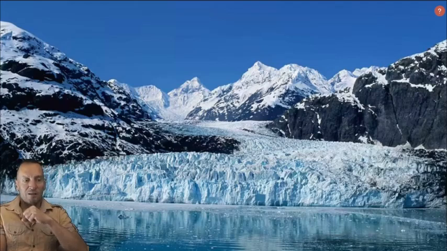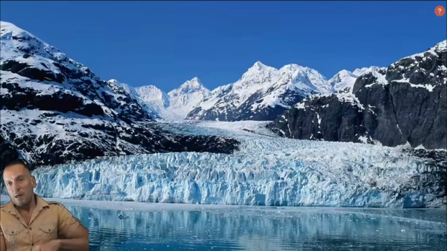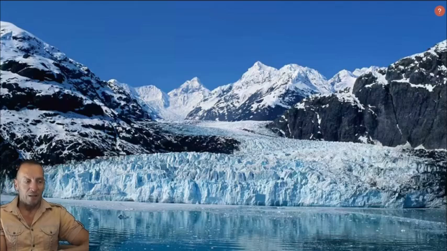This is not rushing into the water with such a speed like ice skating, but slowly and surely it goes into the lake or the ocean or whatever is there. This is why the glacier is actually moving.